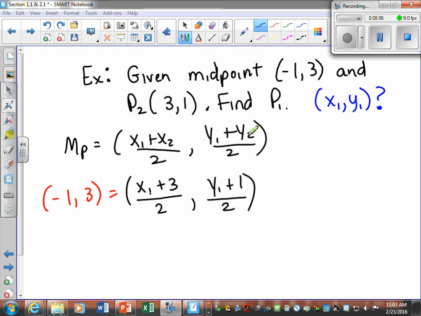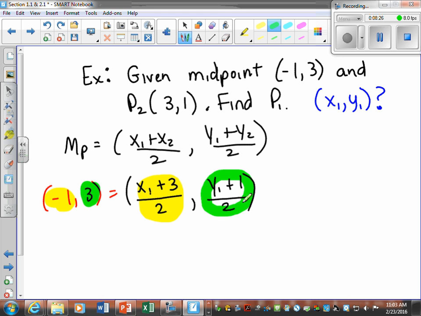Plug in your y2, which is 1. Now, what we need to do is set this x value equal to this x value in the ordered pair and cross multiply and solve for the missing variable. Then the second thing we'll do is set this equal to this side so we can find the missing variable to find our x1 and y1. So we're going to set that up and do that.